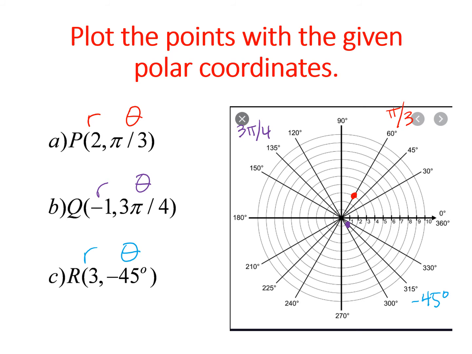And then since the r value is a positive 3, we would go 3 units in that direction. So 1, 2, and here at 3. Again, you could have gone out 3 on the positive x-axis and then rotated negative 45 degrees. So hopefully, again, that's making sense. Please reach out to me if I can help and do more examples live with you guys.